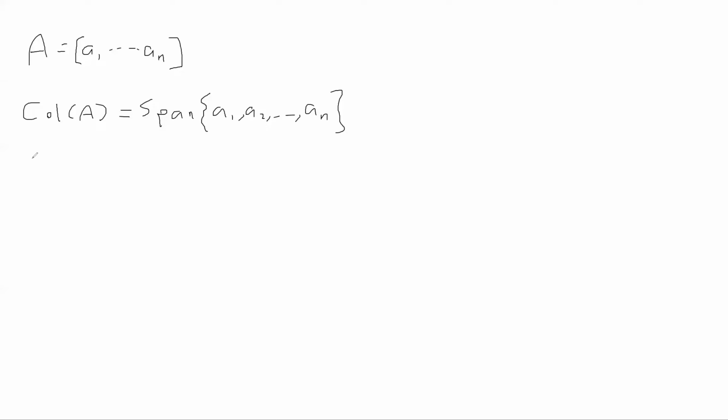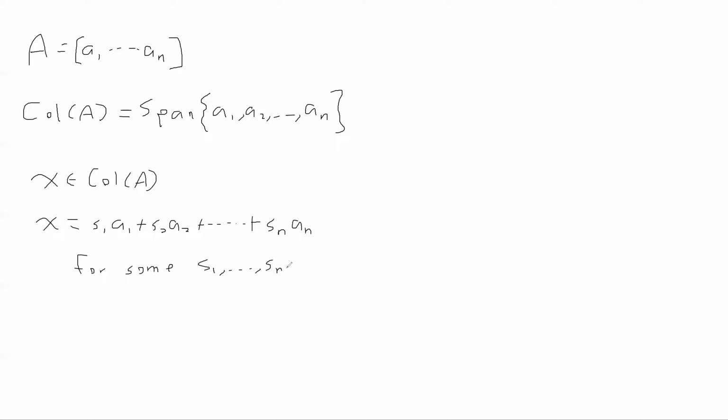So if we say x is in the column space of A, then x can be written as some linear combination of A1 to An, like this: s1 A1 plus s2 A2 plus dot dot dot plus sn An, for some s1 to sn in R, in real numbers.